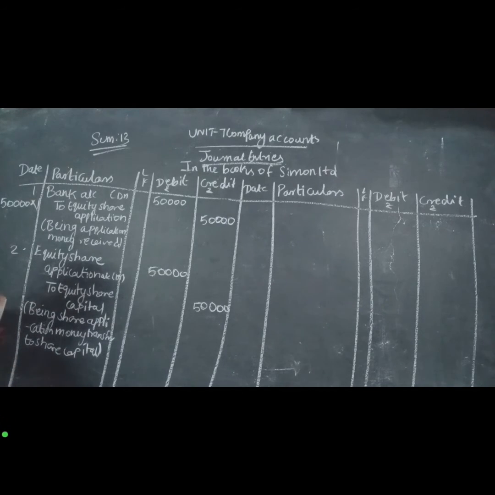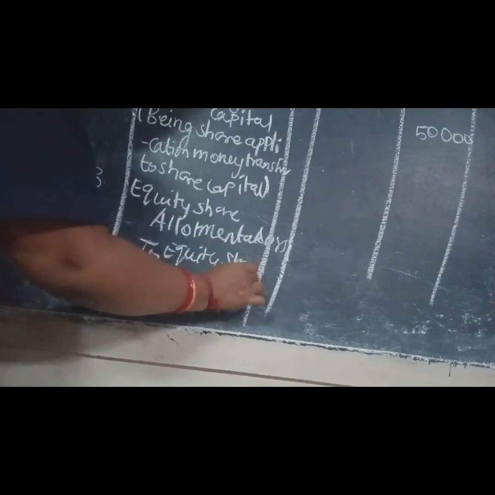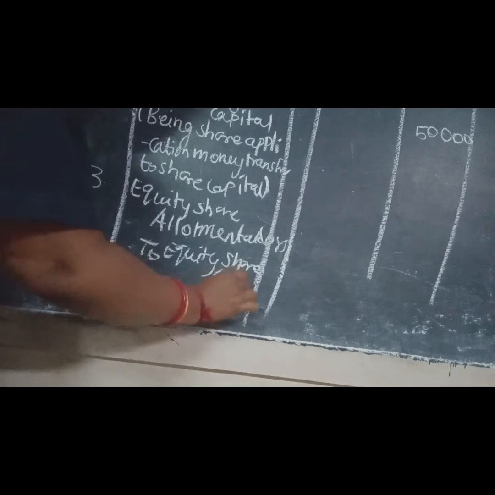Come to the next entry, third entry: equity share allotment account debit to equity share capital account.